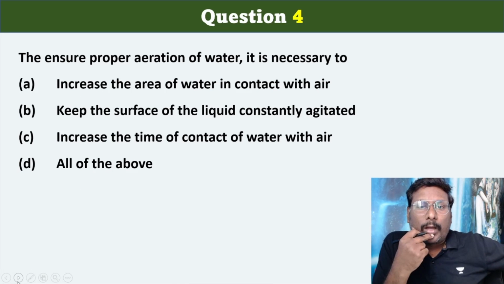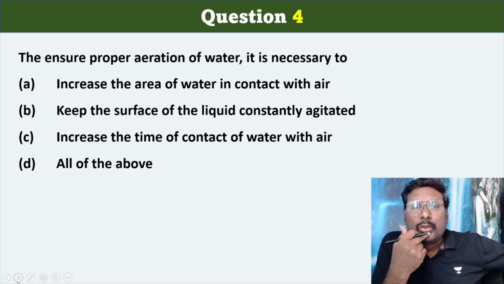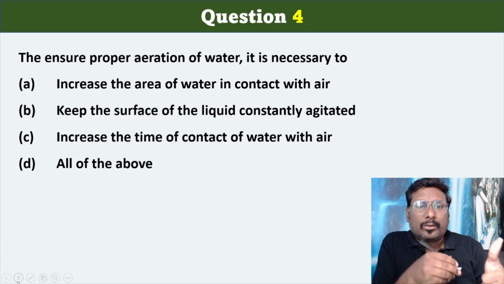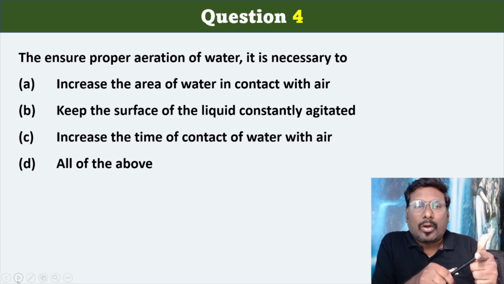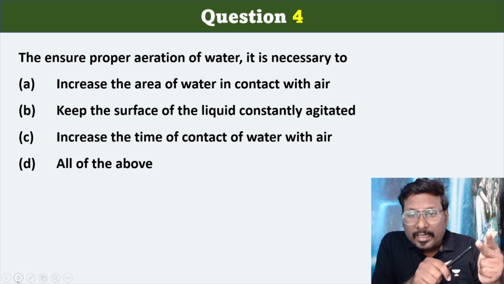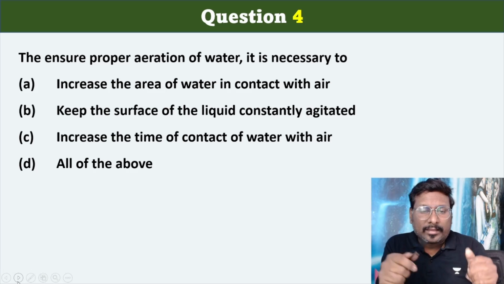To ensure proper aeration of water, it is necessary to increase the area of water in contact with air, keep the surface of liquid constantly agitated, increase the time of contact. All three.